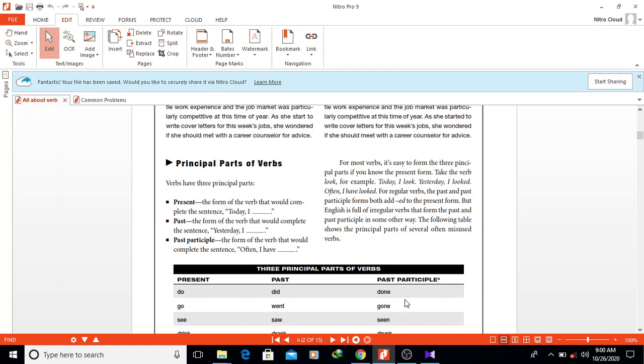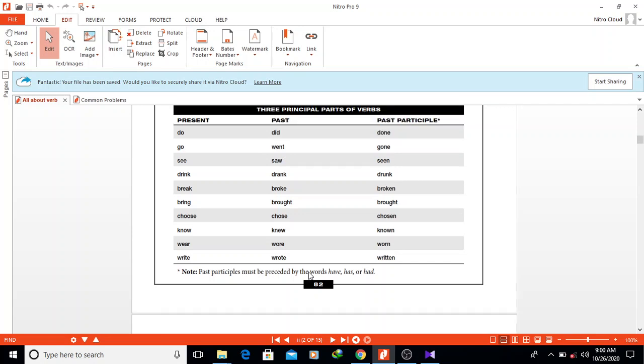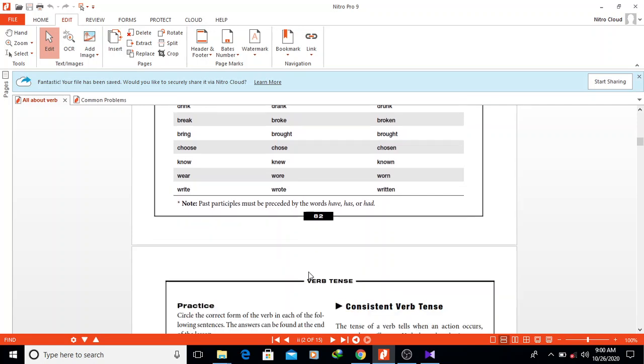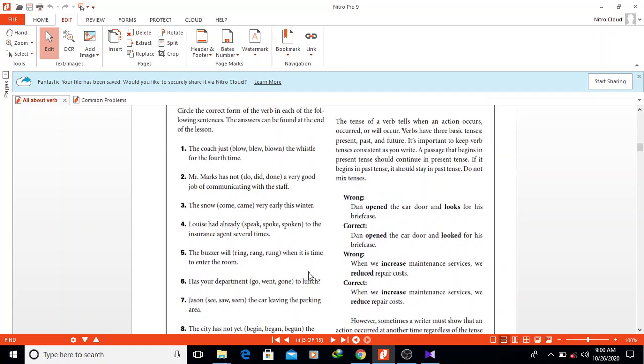Okay, verb one, verb two, verb three. That's the simple, another word for this point. I believe you have learned about this one, and I will just skip that part, and I will see the second point.